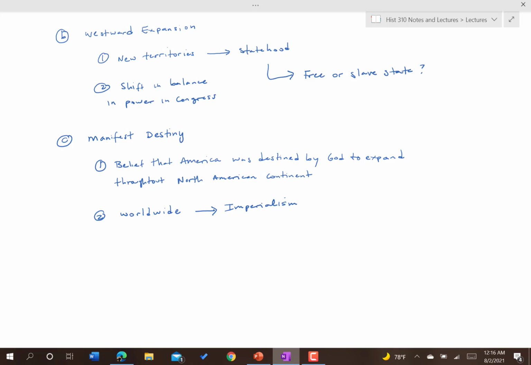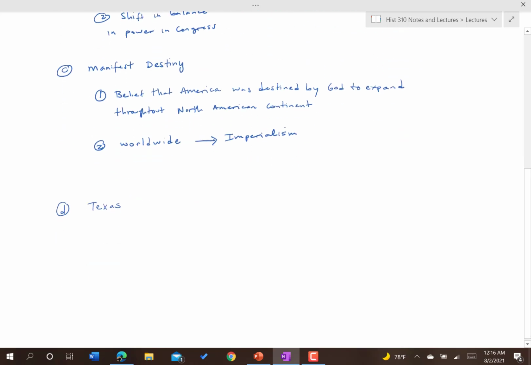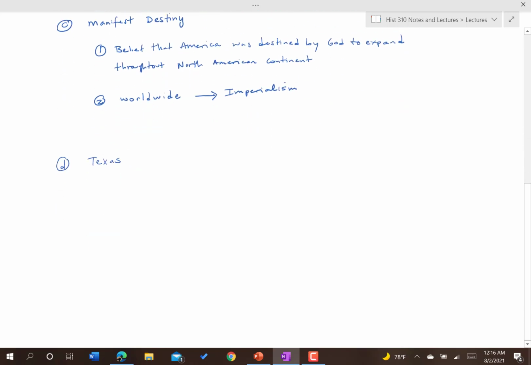Okay, so the next issue, let's put Texas. We'll put Texas under here because it is connected to expansion and tensions that emerge from it. So Texas plays a really big role early on because it ends up with several sections, if you will.